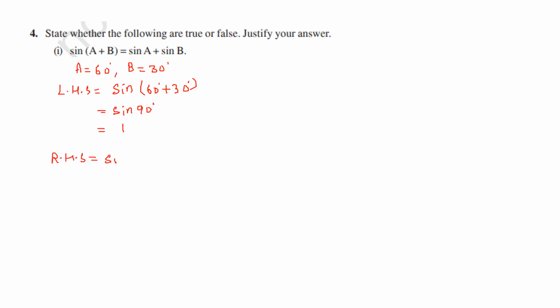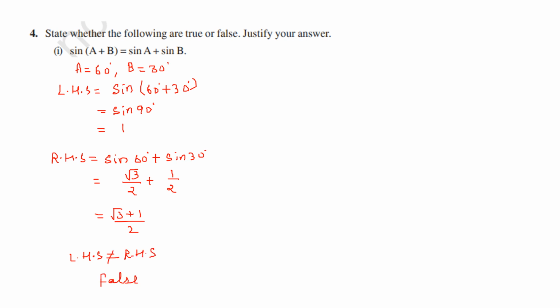RHS is sine A, A is 60 degree, plus sine B, B is 30 degree. So sine 60 degree is root 3 by 2 and sine 30 degree is 1 by 2. If I take LCM, it is root 3 plus 1 by 2. So from here I can say LHS is not equal to RHS. So this statement is false. Okay, so question 4, first one, it is false.